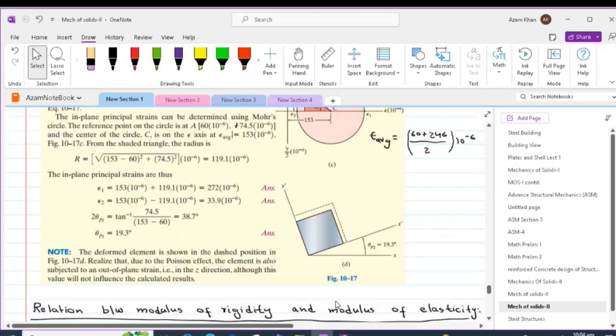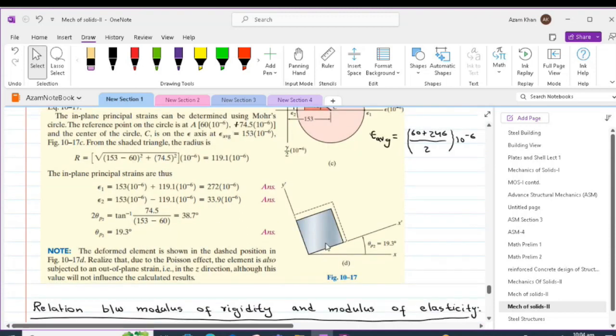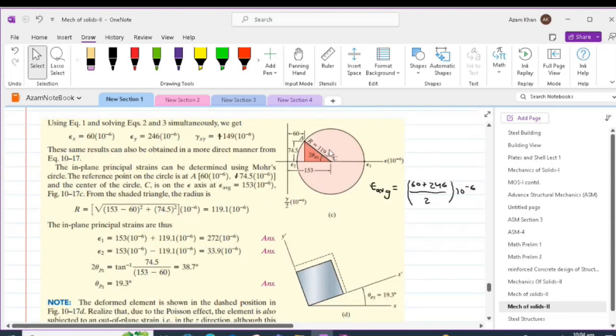Now, corresponding to our reference axes, we will have to rotate. If we go counterclockwise 19.3 degree, we will get that axis on which the principal strain occurs.